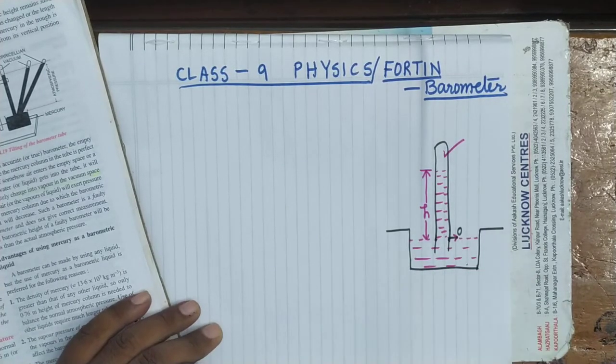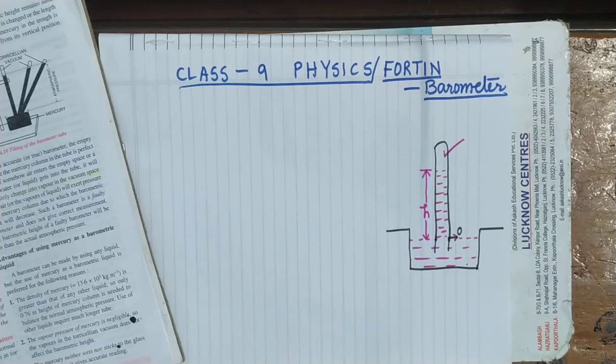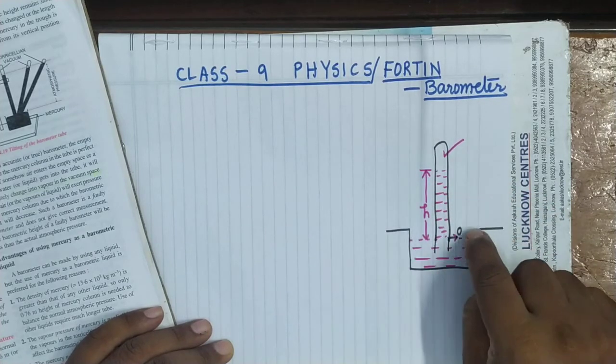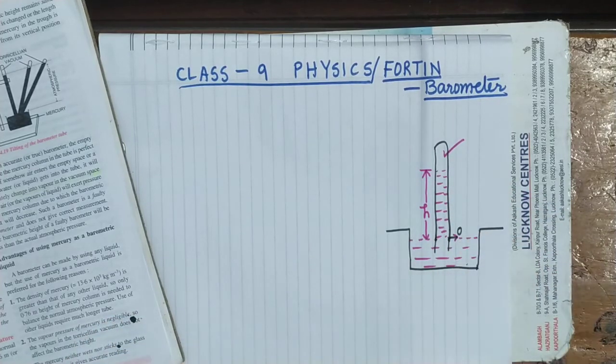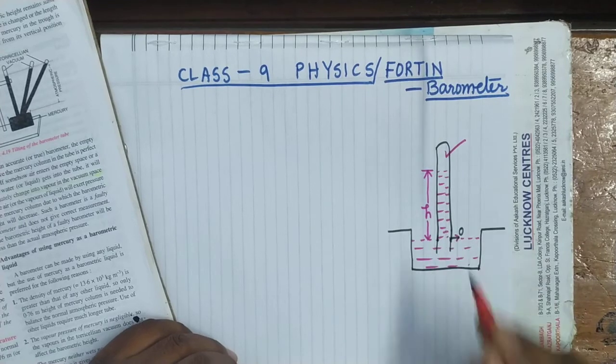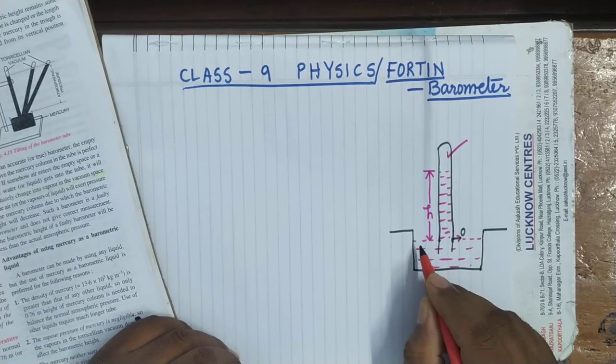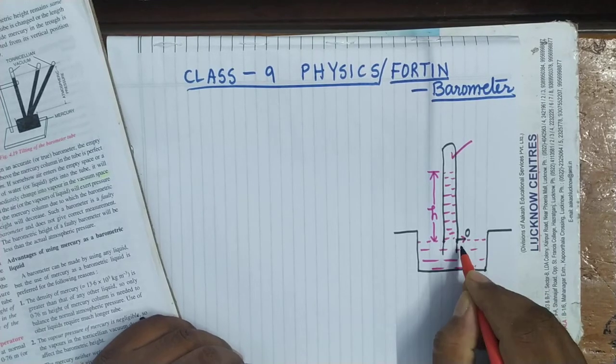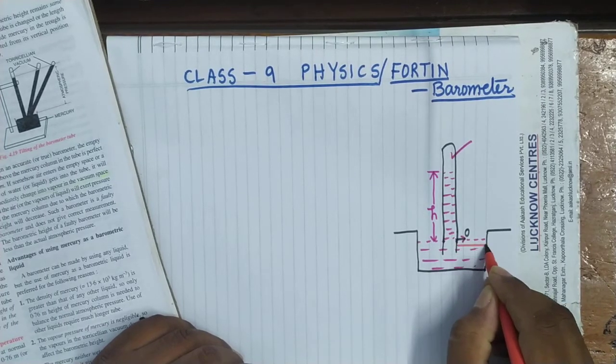The pressure is increasing, therefore barometric height will increase. Barometric height will increase means here there will be more mercury, there will be the flow of mercury from the trough to the tube. When there is the flow of mercury from the trough to the tube, then this free surface of mercury will decrease.